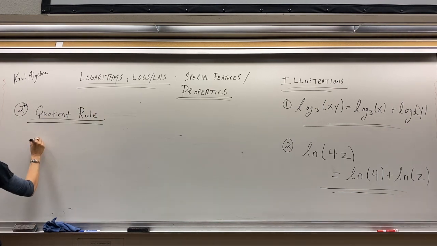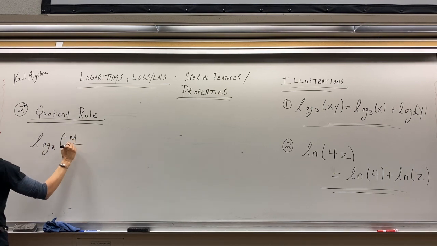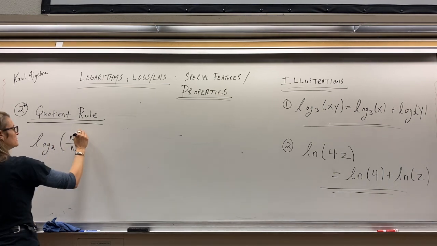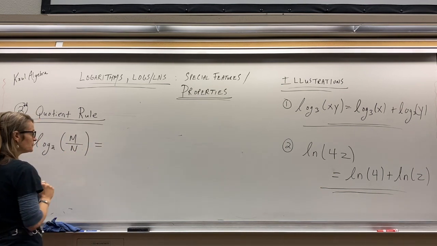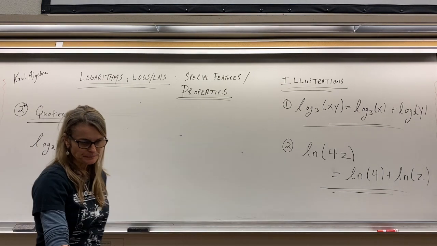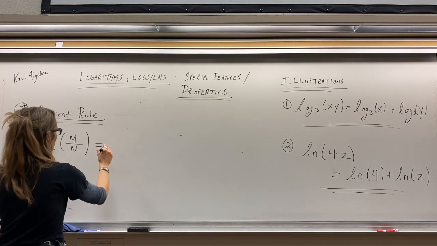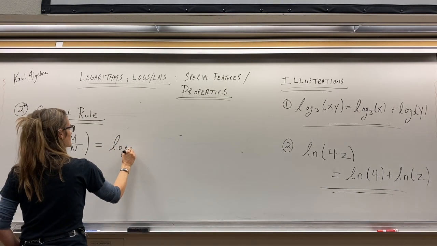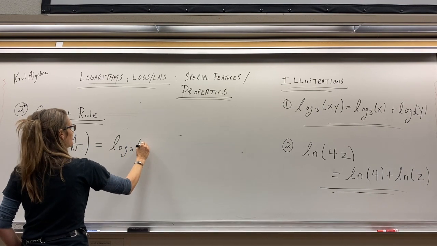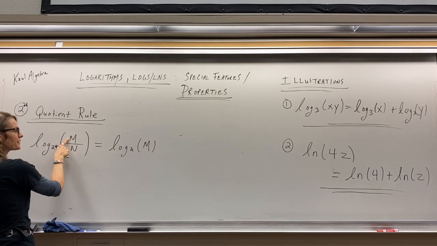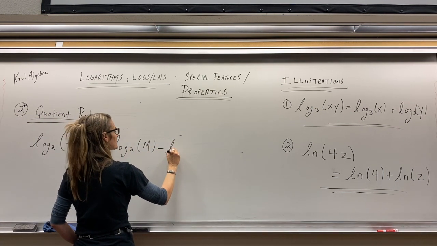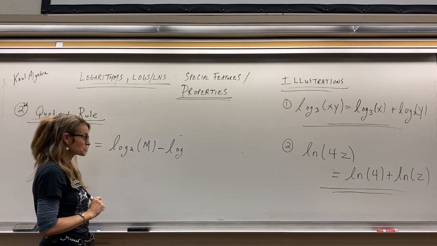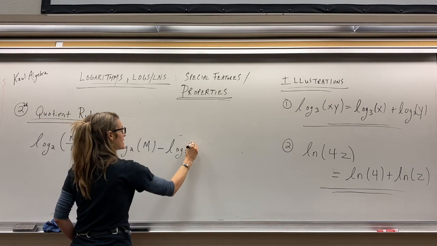It goes like this: log base A of m over n is equivalent to log base A of the numerator, so numerator is m, denominator is n, minus, that's what we're going to subtract, log base A of n.